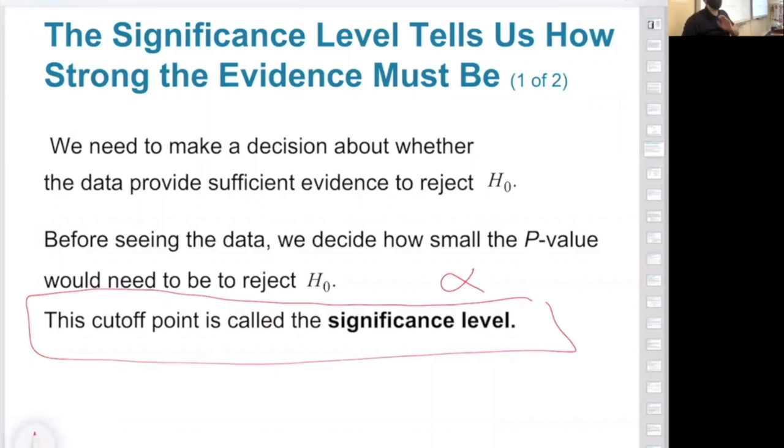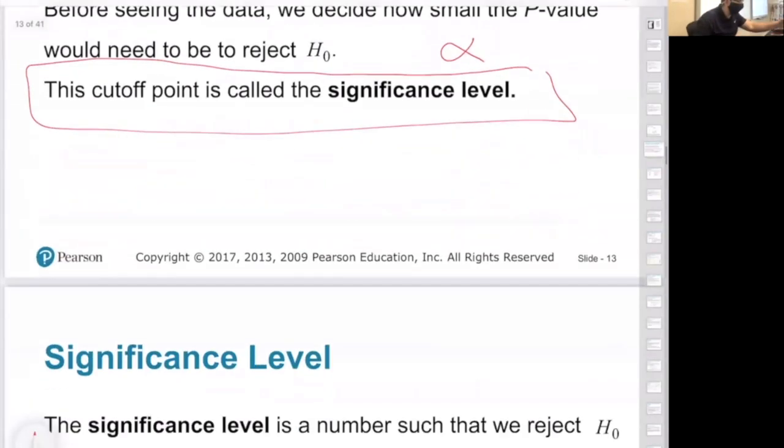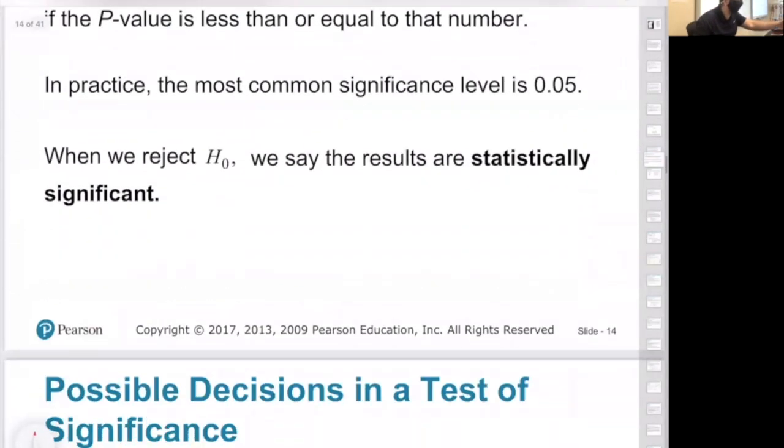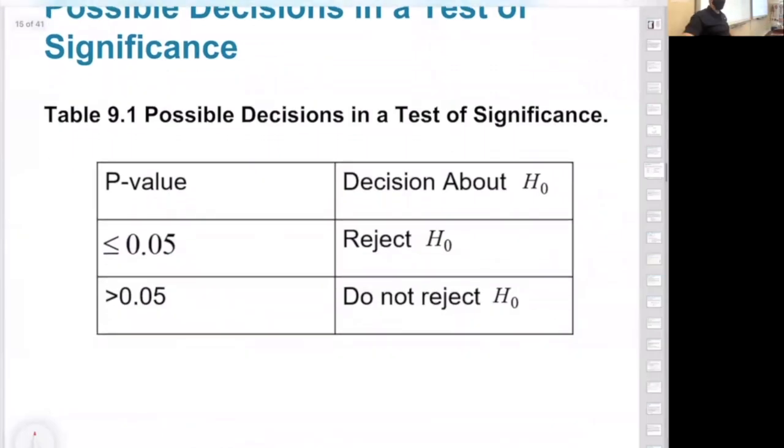As you can see, we have a rule: if the p-value is less than or equal to 0.05, we reject H naught, meaning we have strong evidence against the null hypothesis.